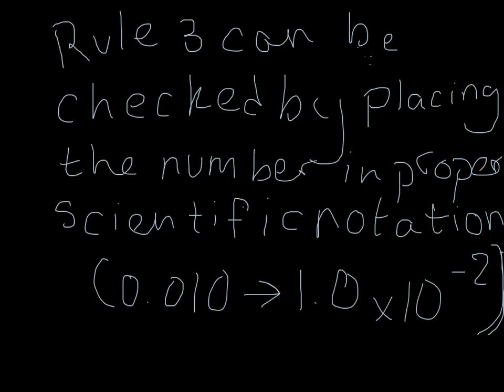Thank you, JD. Now, folks at home, Rule 3 can be a little tricky, but there's a great way that you can check it. It's actually something you've done before, and that's by taking the number and placing it in proper scientific notation. So, for example, let's say we had the number 0.010.